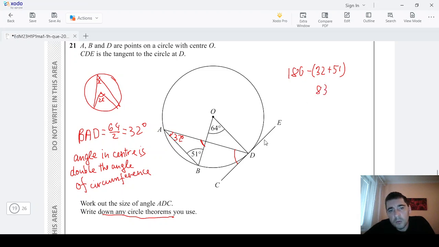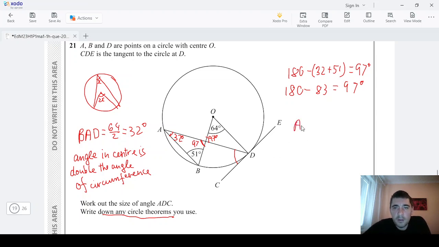So we can work out that this angle is equal to 97 degrees. Okay, so 180 take away 83, we get 97. That 97 is this angle, and vertically opposite angles, that's also 97 degrees.